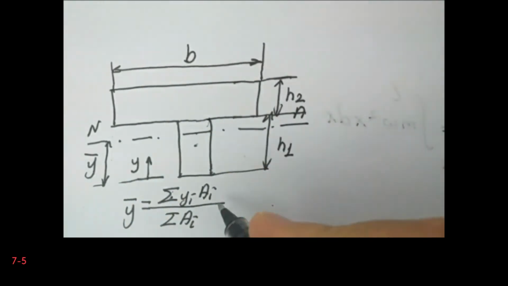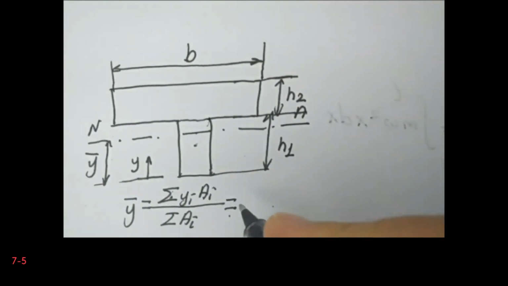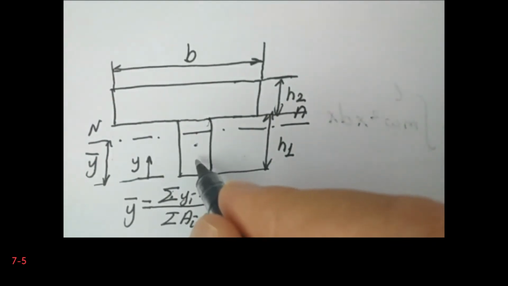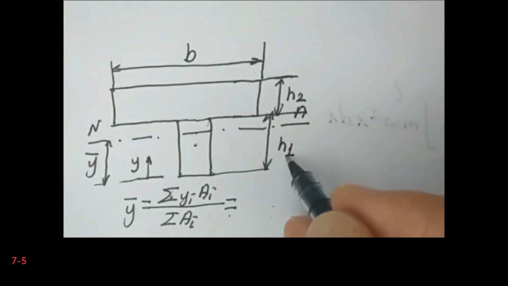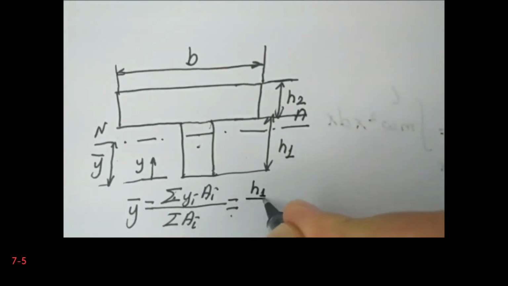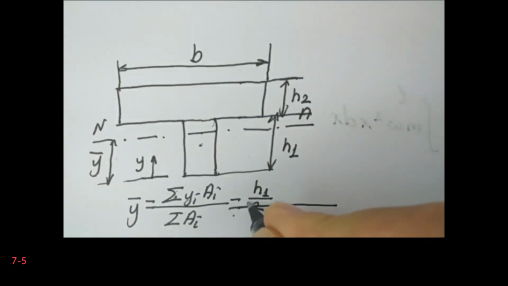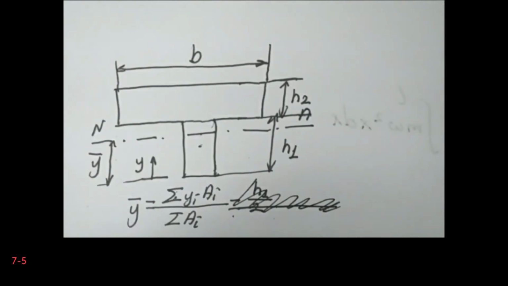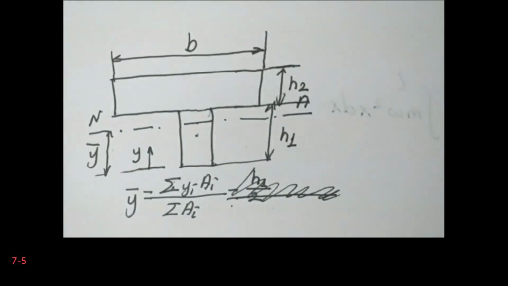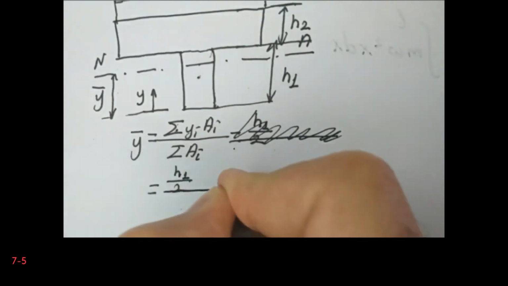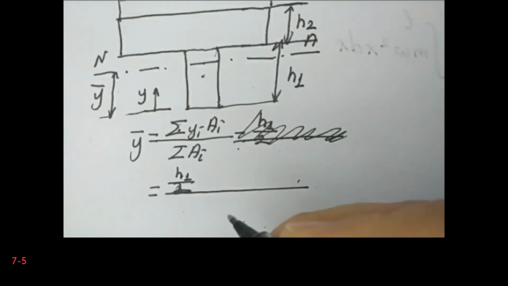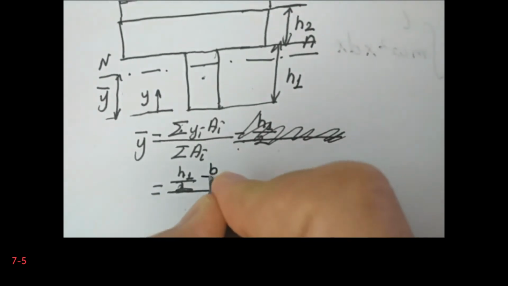So let's write it. The web has a centroid at location of h1 divided by 2. Sorry, let's write it here. That's clear. It will be much better maybe. So h1 divided by 2 multiplied by the area. Area is b divided by 3 multiplied by h1.